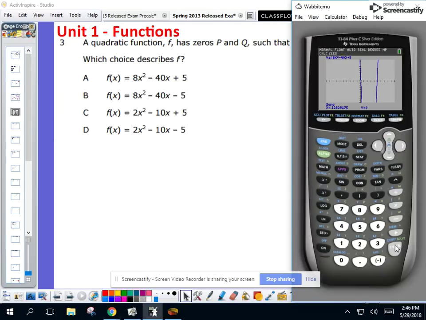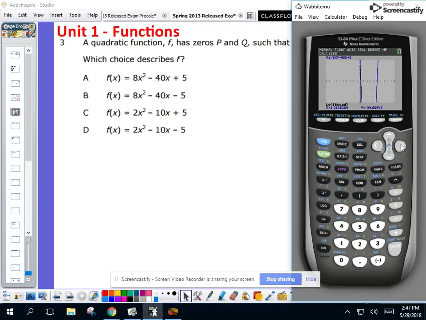What we're going to do is go back to our home screen, second quit, and we're going to hit store. We store this value into letter P, alpha P. And that decimal is going to be the same as what we saw on the graph. I'll do the same thing for the second 0. So going back to the graph, second trace 0.